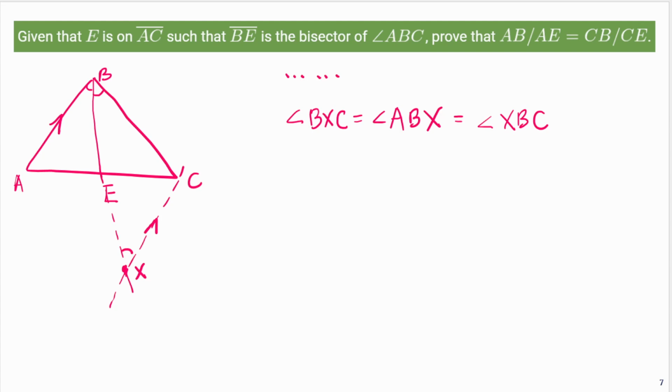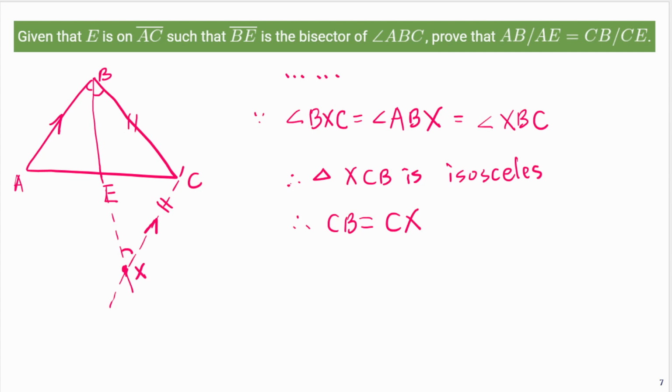So triangle XCB is an isosceles triangle. And therefore we have CB equals XC. Sorry, CB equals CX. This side equals this side. Our parallel lines give us similar triangles.